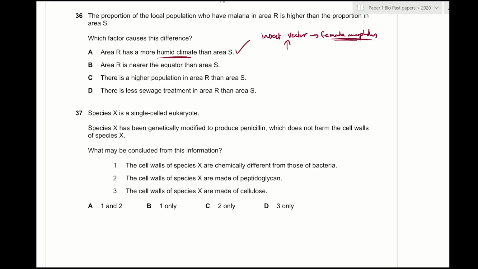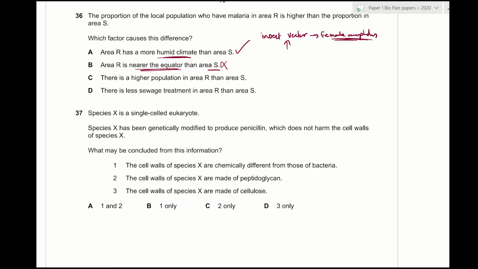B. Area R is nearer to the equator than area S. Nearer to the equator is actually a really vague answer, because near the equator might mean it's too hot, might mean it's too cold, might mean it's humid. So it's a really vague answer, therefore this is incorrect. C. There is a higher population in area R than S. Here, as we said, the insect vector is female Anopheles, so it has nothing to do with the population of humans.